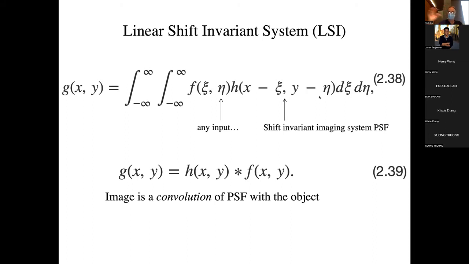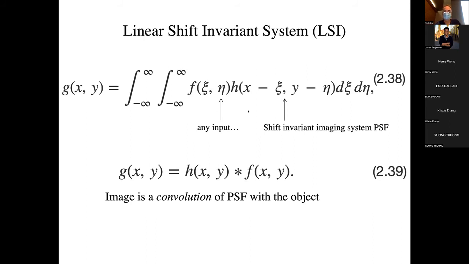I just shift it by x,y and do the integral. This integral, it turns out, has a definition, and it's called convolution. This means I'm convolving my input with my impulse response function. That gives me my output.